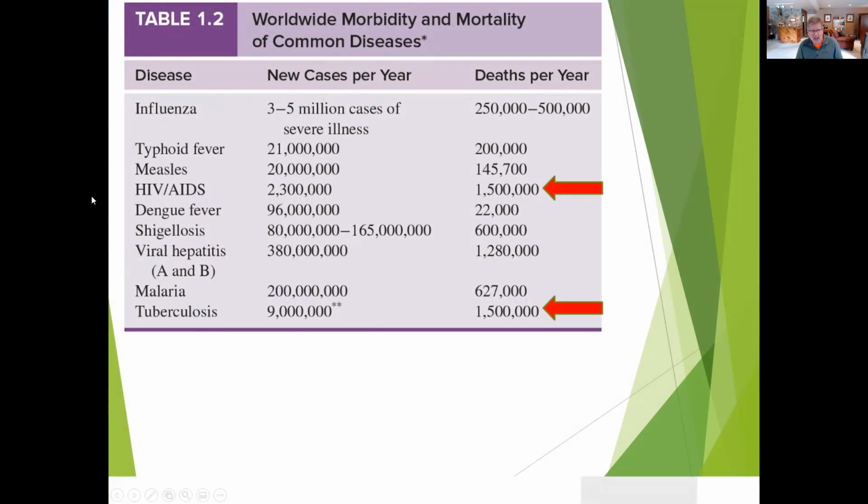HIV/AIDS, you've all heard of that. We've certainly come a long way in controlling AIDS, but we still have 1.5 million people dying every year from HIV/AIDS worldwide. That's a significant number of people. And that same number, as you see at the bottom, attributed to this bacterial induced disease called tuberculosis.